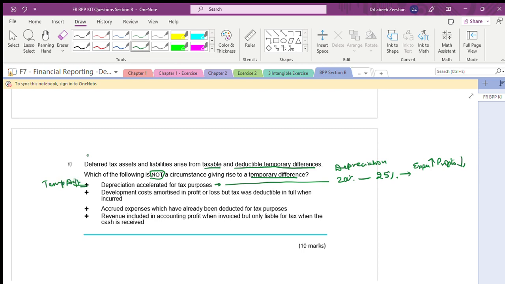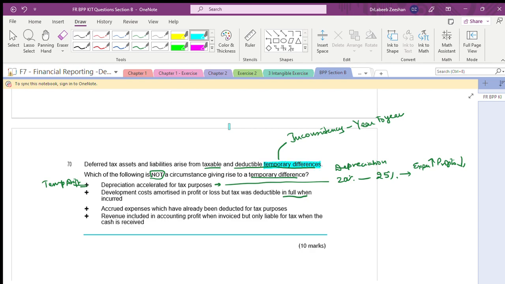Development cost amortized in profit and loss account, but tax was deductible in full. There are inconsistencies actually. Whenever there is an inconsistency from year to year, automatically the temporary difference will come.